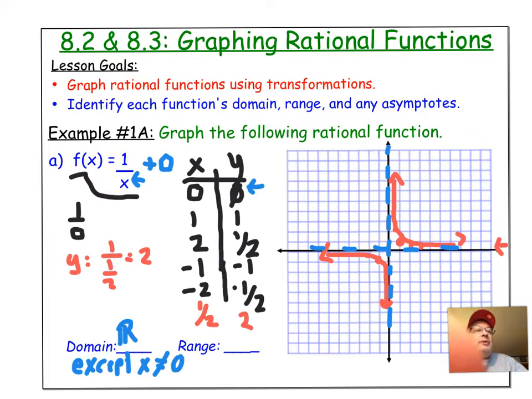And my range goes up and down. This graph goes all the way up forever and all the way down forever, except it has this little gap here at this asymptote. So the range is also all real numbers, with the exception of the x-axis, which is y cannot be 0.